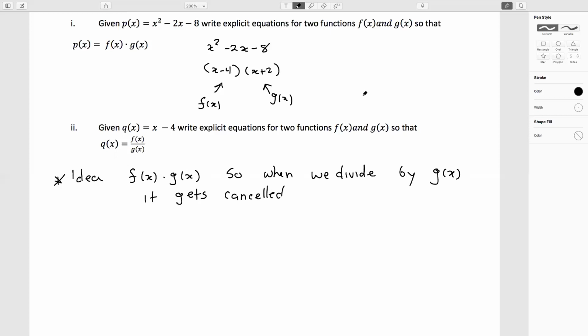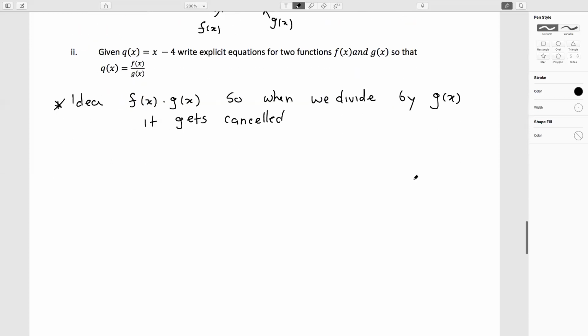So for example, let's just say g of x is x. We'll go through a little example here. If f of x equals x minus 4 and g of x equals x, that means q of x equals x minus 4 times x, all over x.